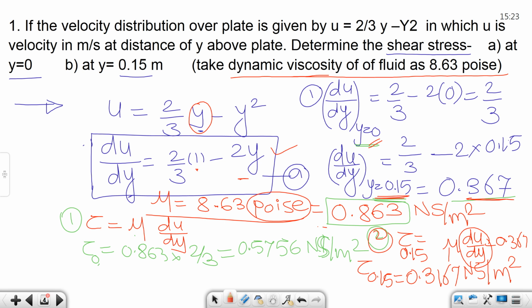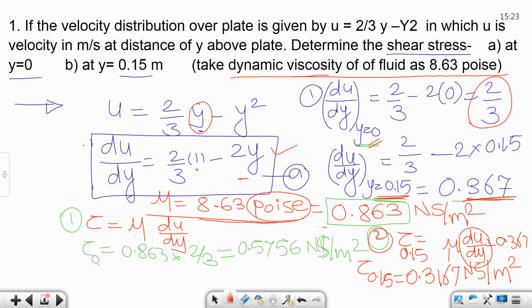So I got two values of gradient, 2/3 and 0.367. Mu is given as 0.863 in SI. Just take a conversion. Don't forget to convert this, otherwise the numerical will be wrong, because we are using SI units.